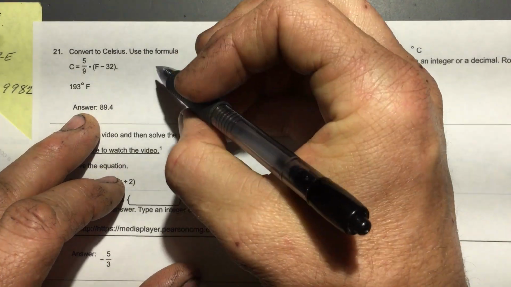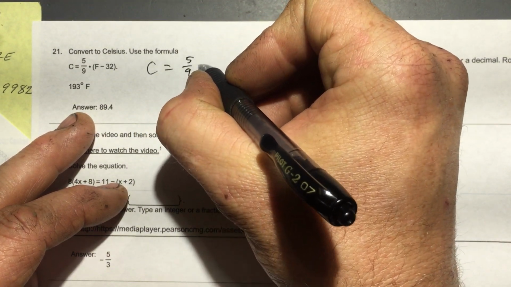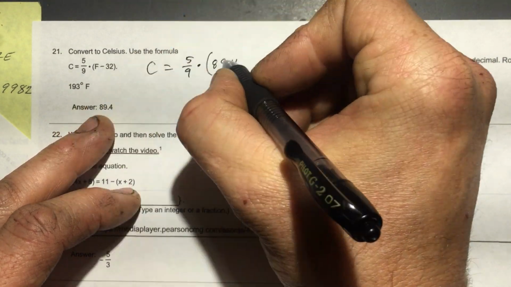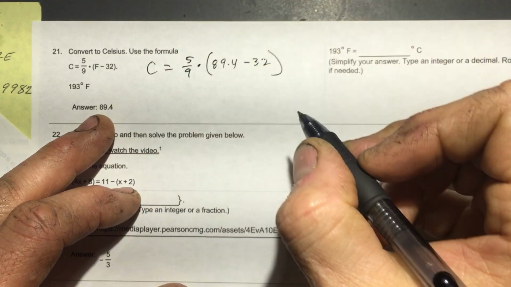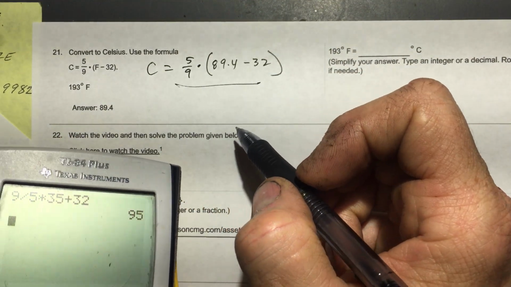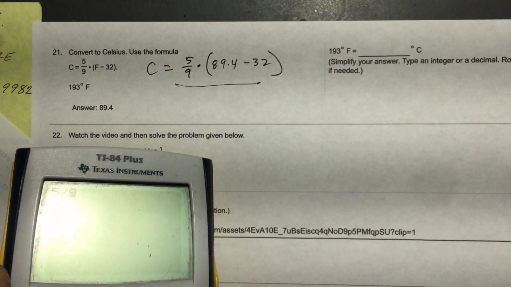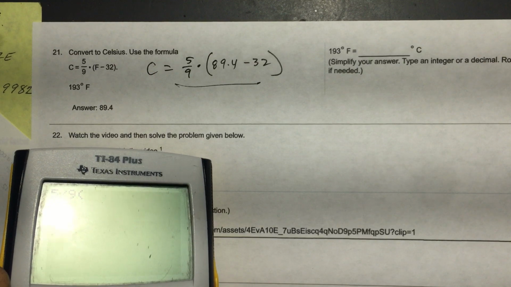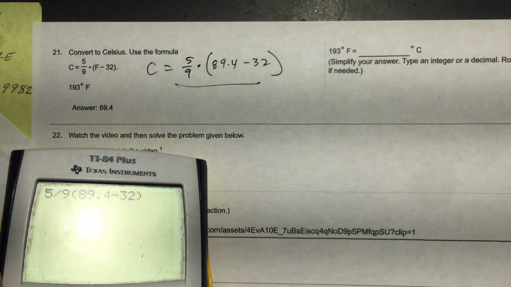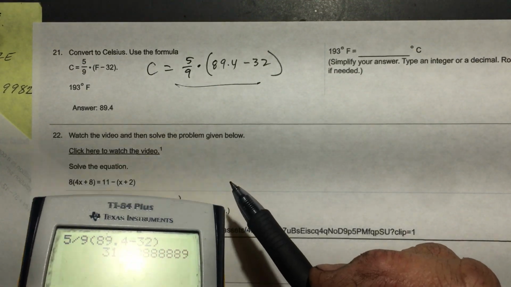The Celsius degrees will be 5/9 times, I'm going to put 89.4 in for F. You could type it all in your calculator at one time. So I'm just going to do 5/9, and in parentheses, 89.4 minus 32. You see how I did all that? And it comes out to 31.8.